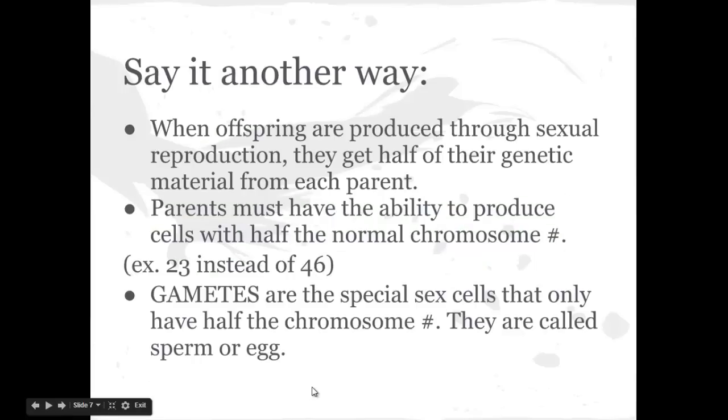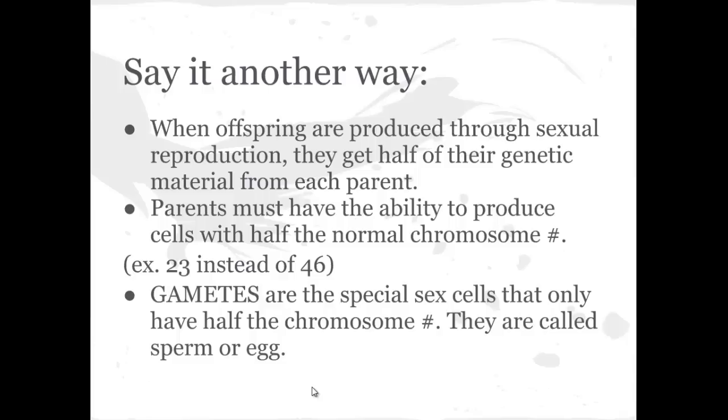Let's say it another way. When offspring are produced through sexual reproduction, they get half of their genetic material from each parent. Parents must have the ability to produce cells with half the normal chromosome number. In humans, that would be 23 chromosomes instead of 46.